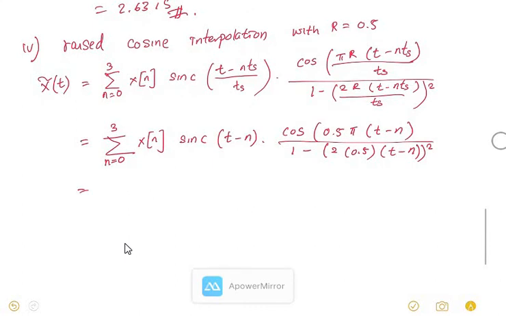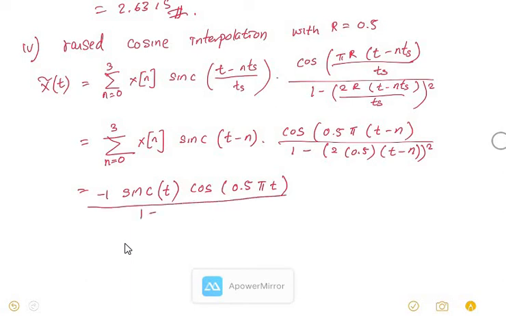Now when n equals 0, x0, you get negative 1 sinc(t), so it's just t only, times cos(0.5 pi t) divided by 1 minus t squared.